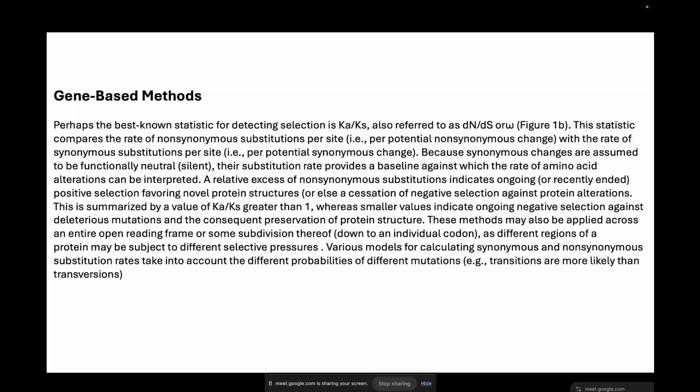I am not sure if you're aware of what is non-synonymous and synonymous. Both of them are mutations. Both of them are single nucleotide mutations. So in synonymous substitutions, what will happen is even after the substitution of, say, for example, a T to C or a G to A has happened, even after that mutation, the codon remains the same and the protein remains the same.